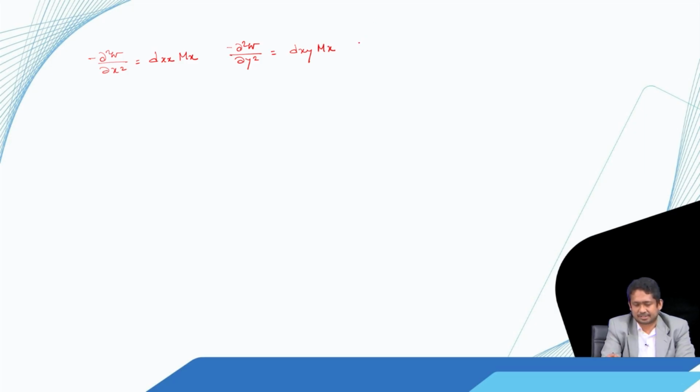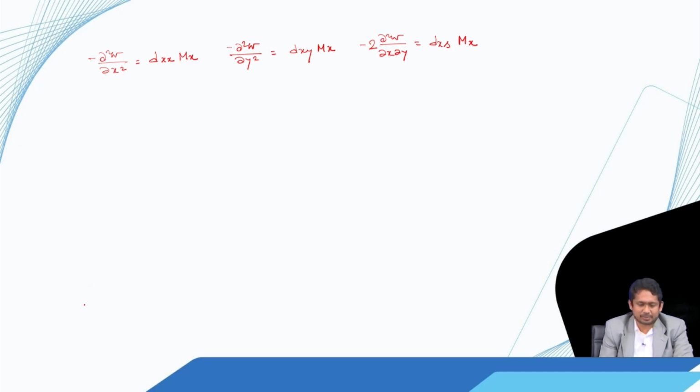Remember, the D matrix is symmetric, and we have minus twice of del 2 w by del x del y is equal to dxs Mx. Now, these moments are moment per unit length.